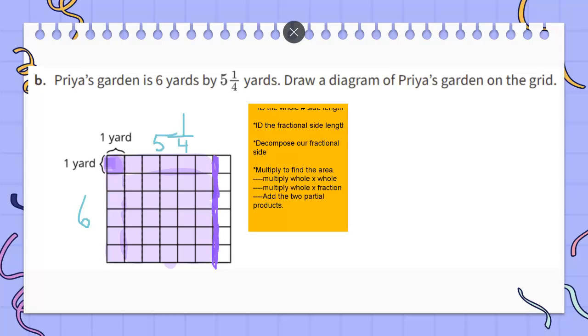I've already identified my fractional and my whole number side lengths, and now let me go ahead and decompose. So I'll take 5 1/4, and I'm going to break that apart into 5 and then 1/4.